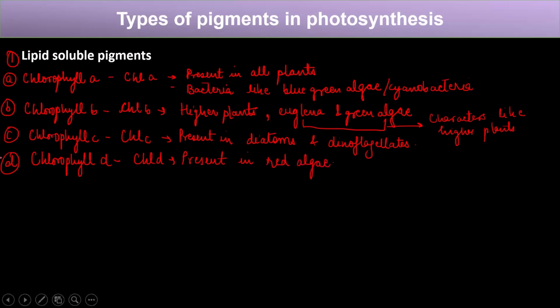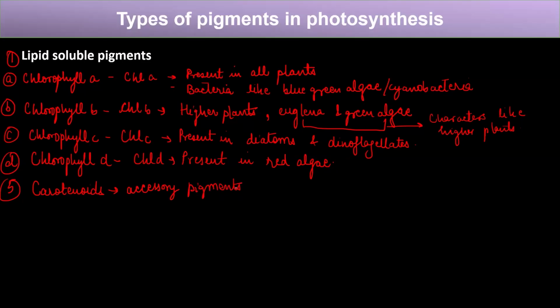Now the next lipid-soluble pigment is carotenoids. Carotenoids are also called accessory pigments, meaning they help the other pigments.